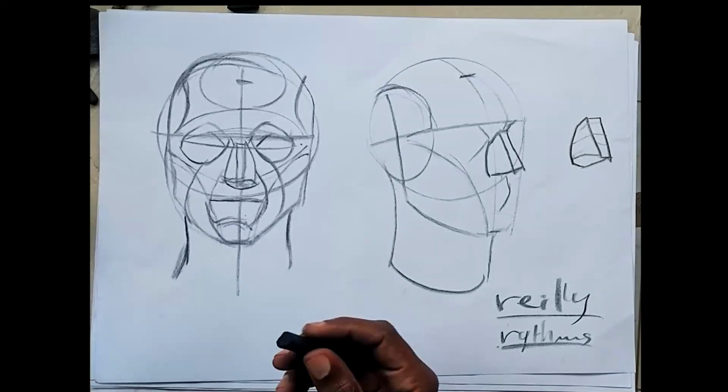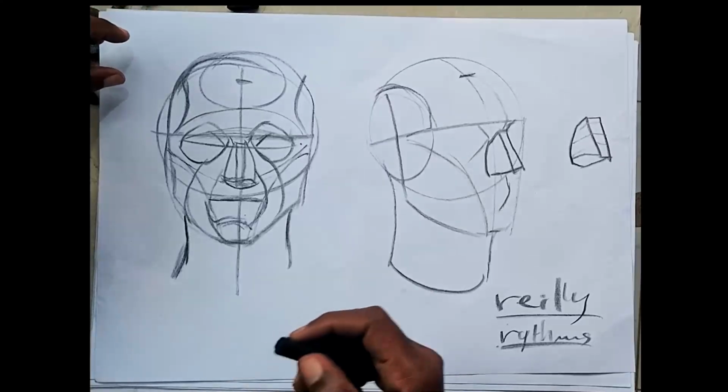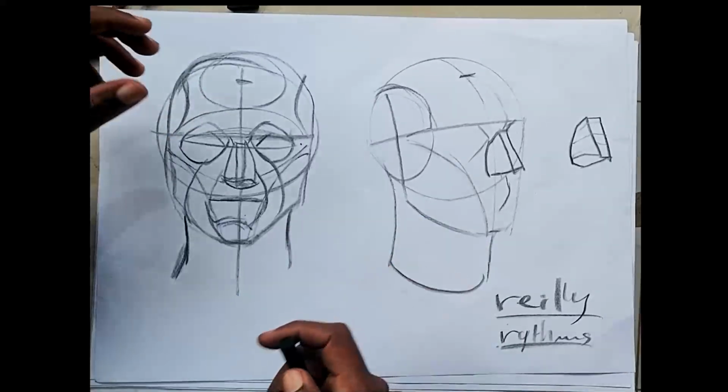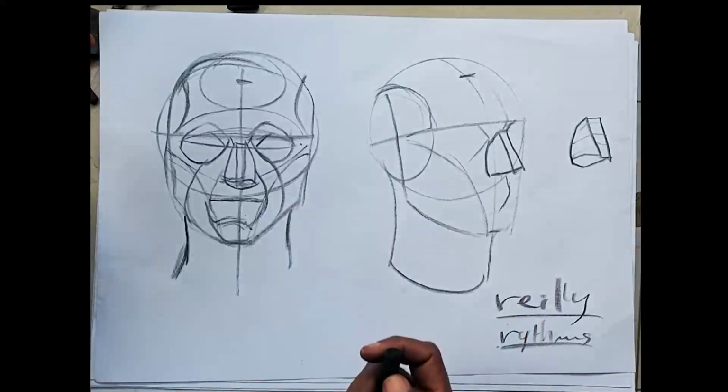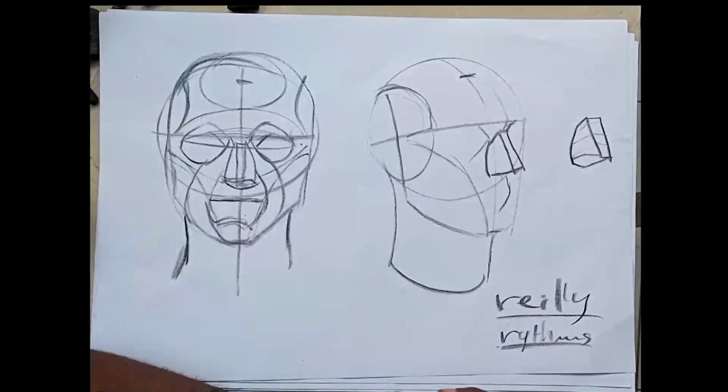It's not a recipe, so to say. You can invent your own, and you have to understand that it's a method of thinking. It's not just a formula that you use when you draw faces.